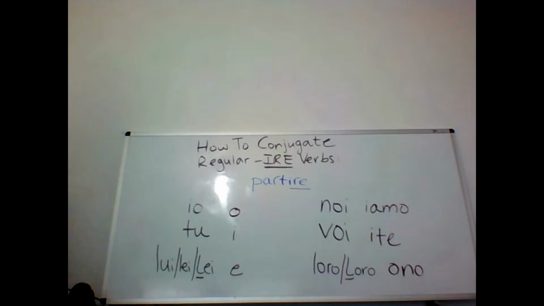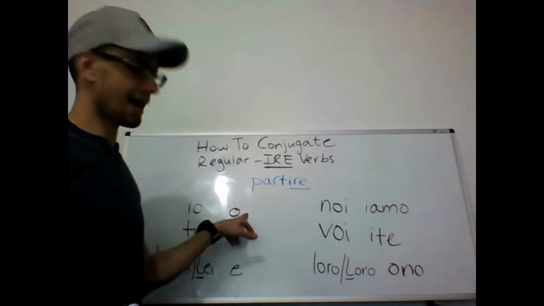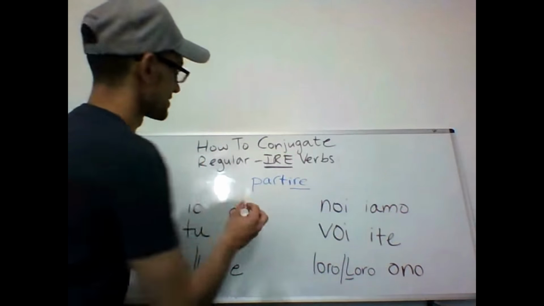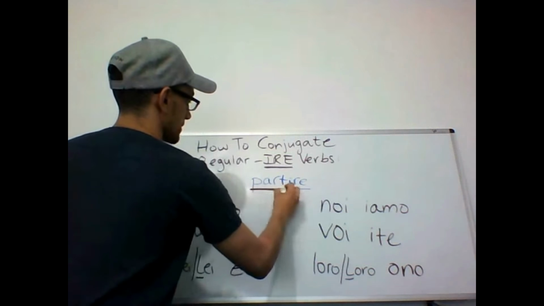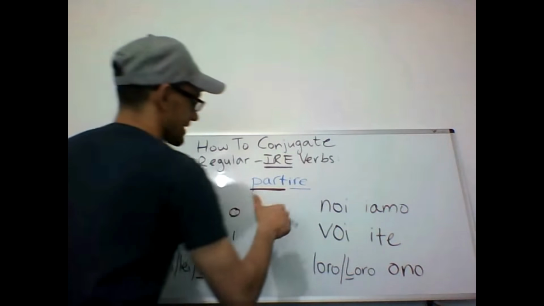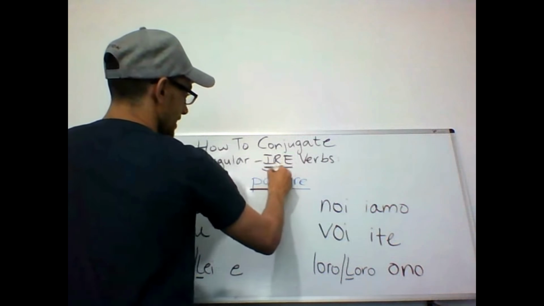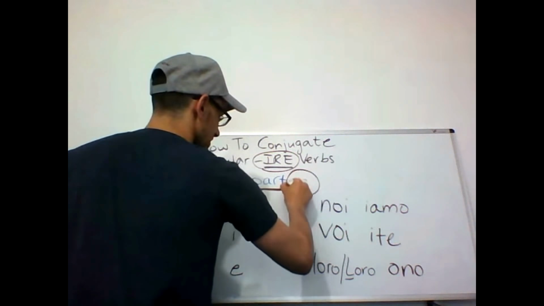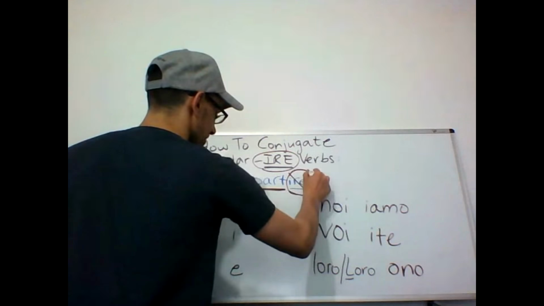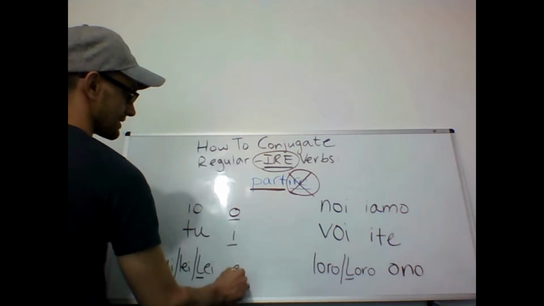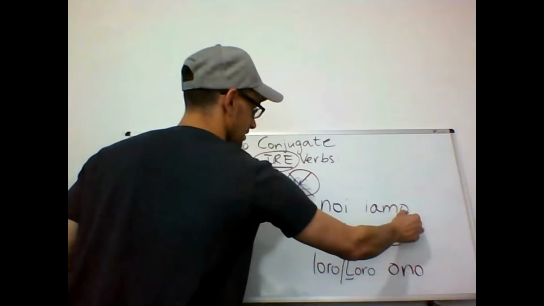So basically what this means is that these endings you're going to affix onto the stem here. So what I'm about to show you is that, considering this is an IRE verb, we're going to get rid of this IRE at the end and then just attach each respective ending.